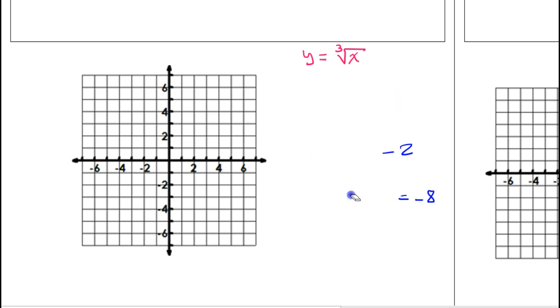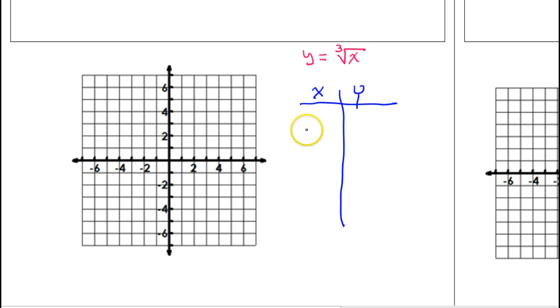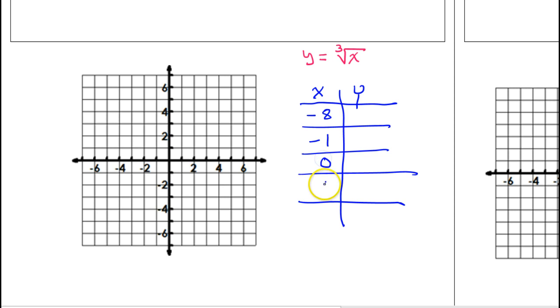Alright, so with that in mind, we are going to use the same 5 values over and over again. These are the sort of small numbers that we can easily take the cube root of. So let's see, so my x's and my y's, 1, 2, 3, 4, 5. So we will use negative 8, negative 1, 0, 1, and 8.